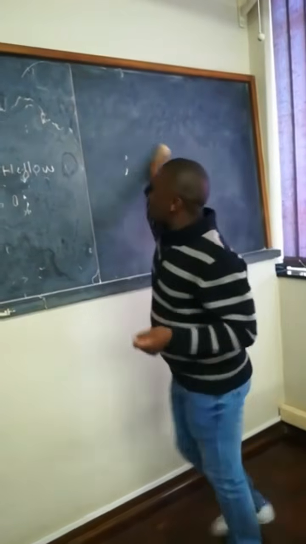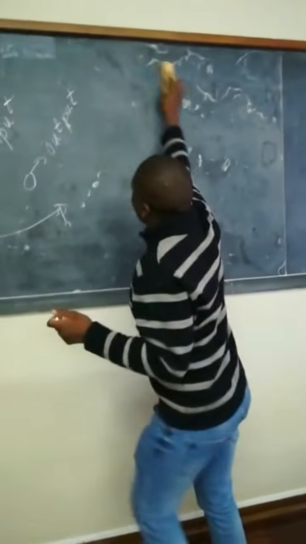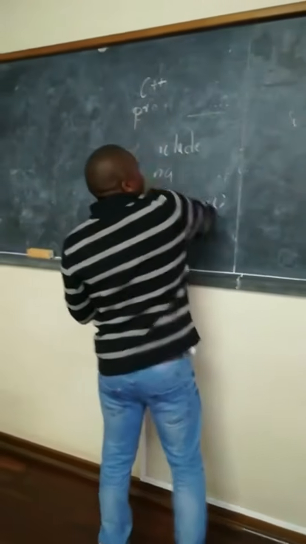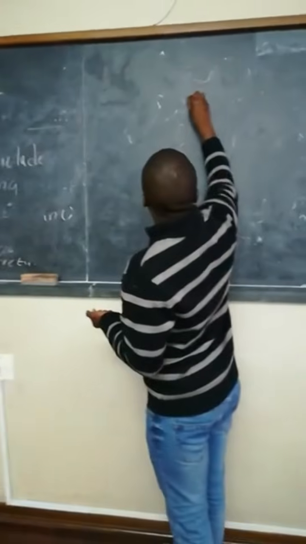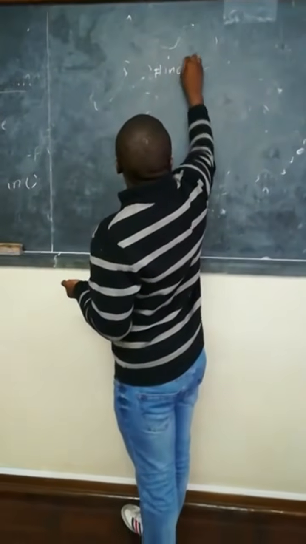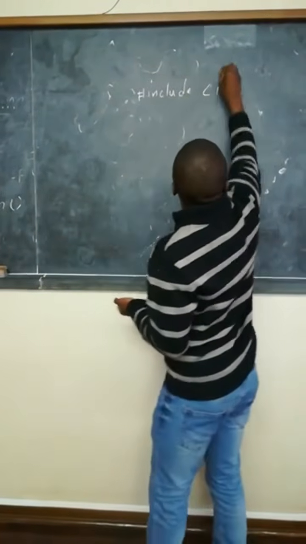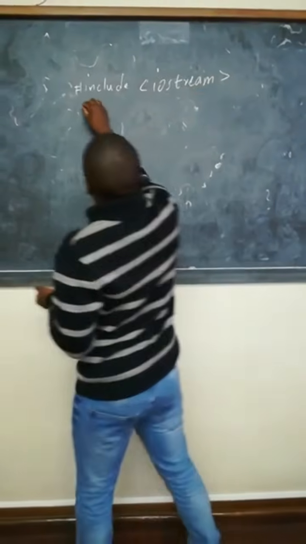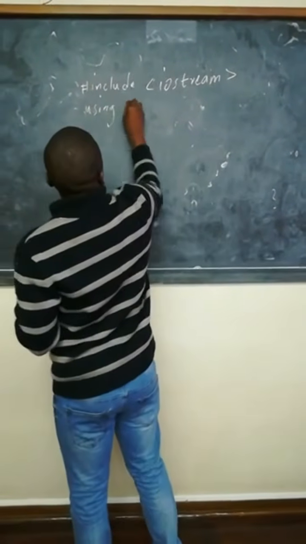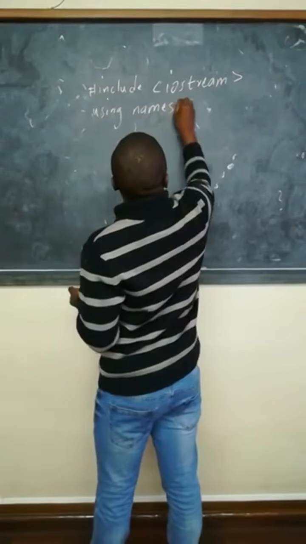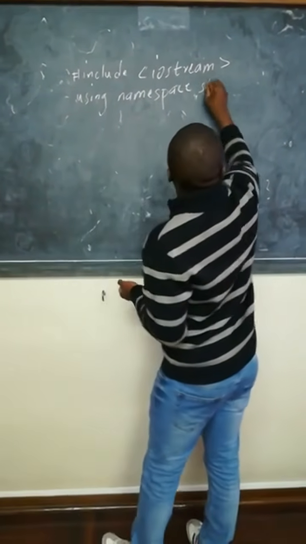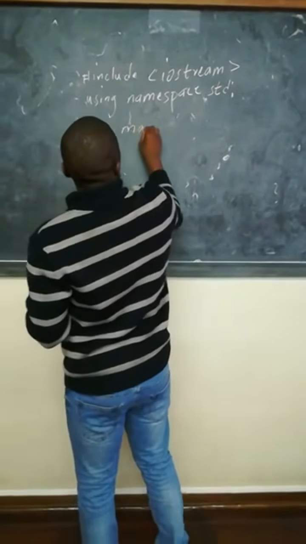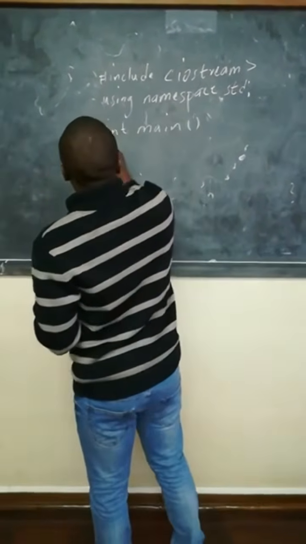For example, we have a small program: hash include iostream, using namespace std, and then int main and the braces.